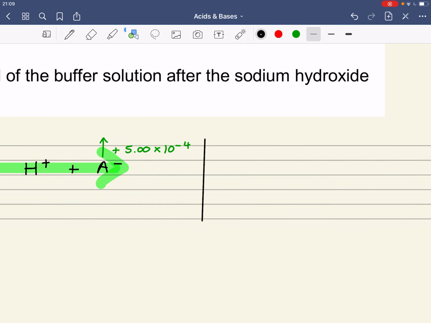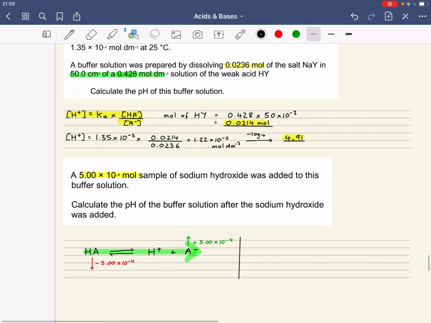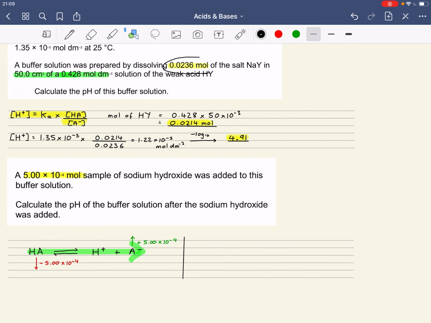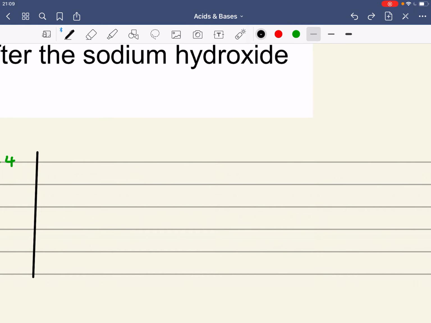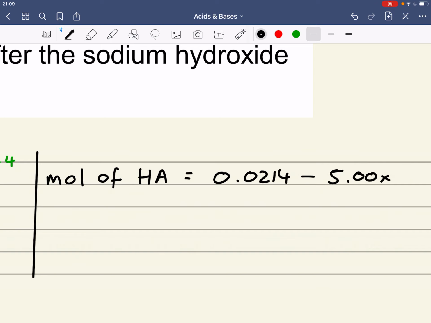My initial moles of A minus was 0.0236. My HA was 0.0214. So now we would say moles of HA is 0.0214 minus 5 times 10 to the minus 4.